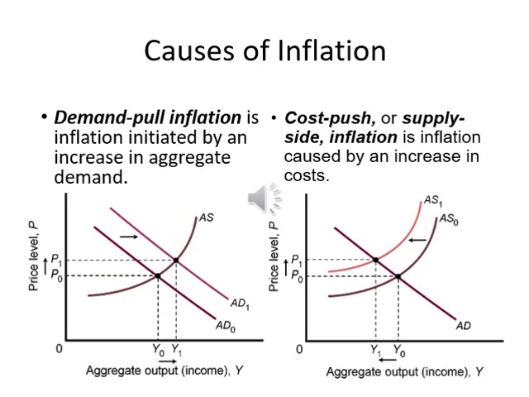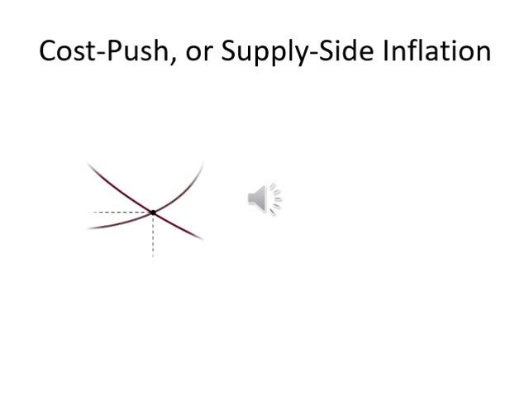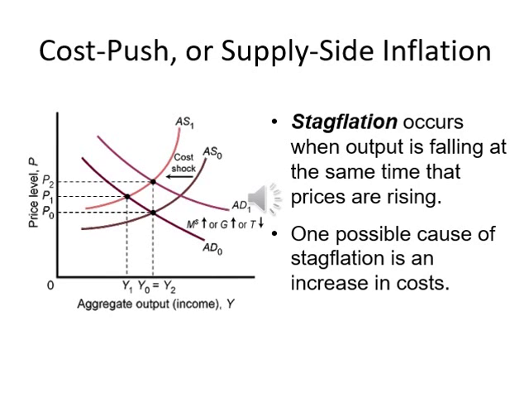Cost-push, or supply-side, inflation is inflation caused by an increase in costs. Stagflation occurs when output is falling at the same time that prices are rising. One possible cause of stagflation is an increase in costs.